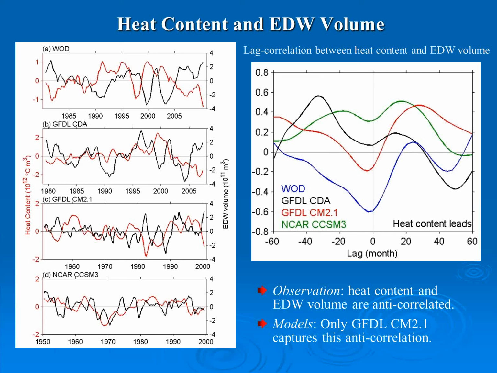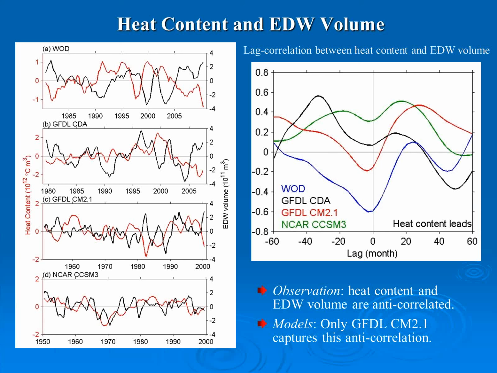On the left is the time series from observations on the top, the second panel is from the data simulation model, the third panel is from CM2.1, and the last panel from CCSM3.0. The red line is the ocean heat content anomaly, and the black line is 18-degree water volume. From observations, you see this anti-correlation, and on the right is the lag correlation from observations and models.